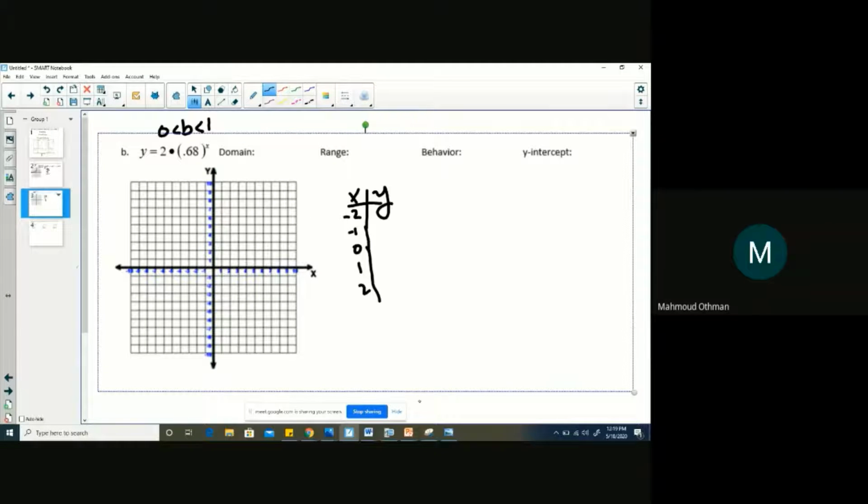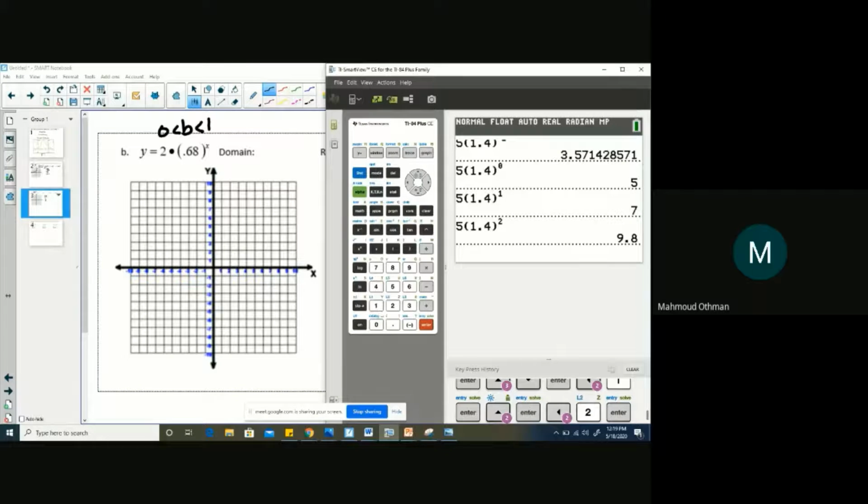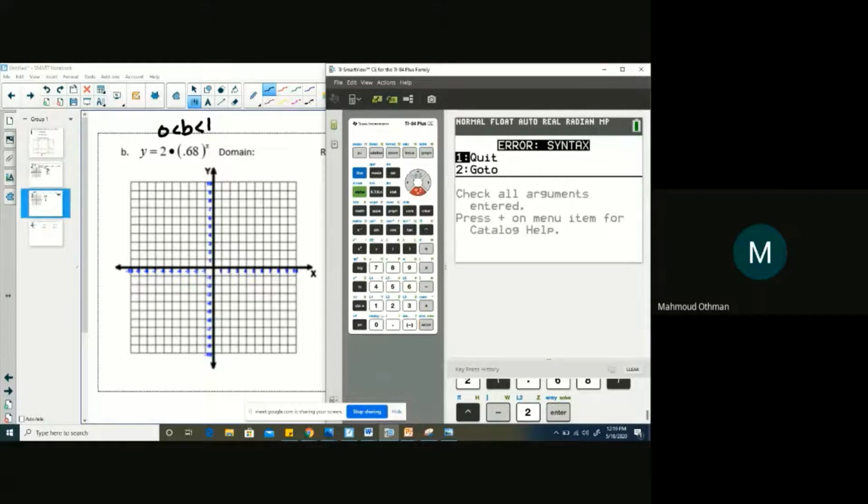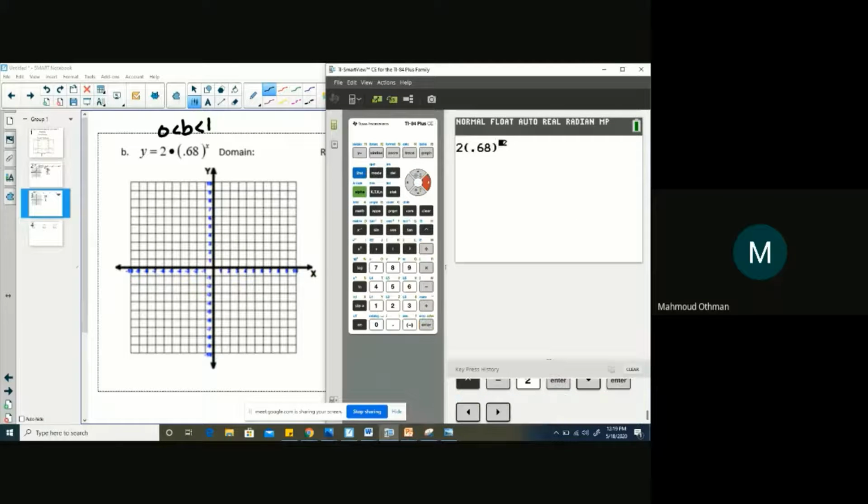So let's start putting these values in. So 2 times 0.68, 2 and -2. 4.33.